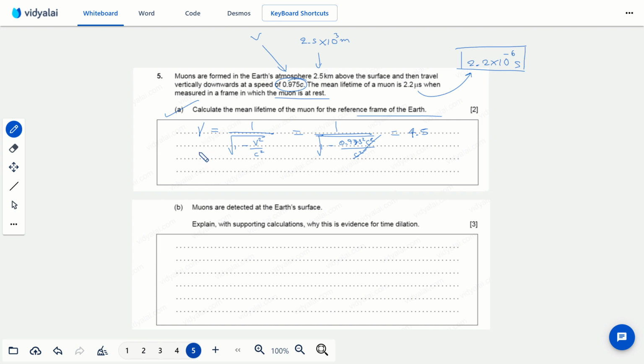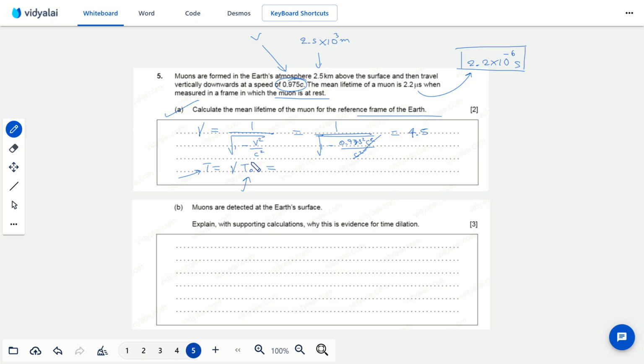We know that when things start to move, they experience time differently, and when time is measured from a moving frame, it undergoes time dilation, and the equation for that is given by t is equal to gamma times t naught, where t naught is the time measurement done in a frame which is at rest, and t corresponds to the same time, but measured in a moving frame, so it will get dilated.